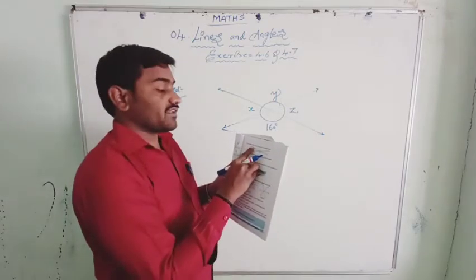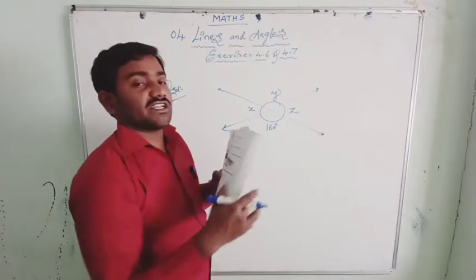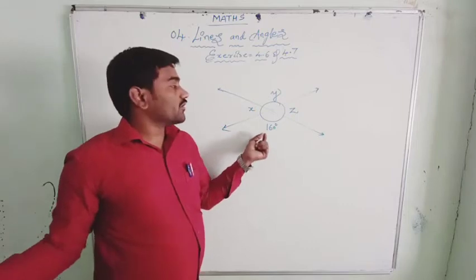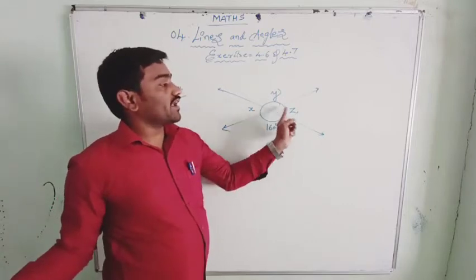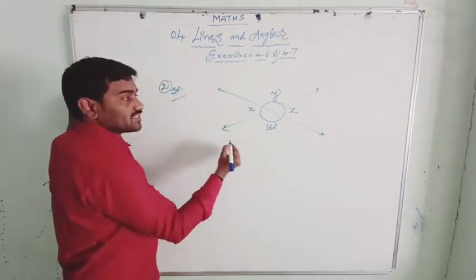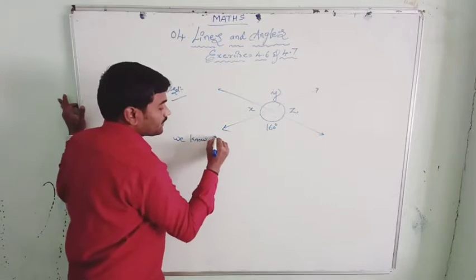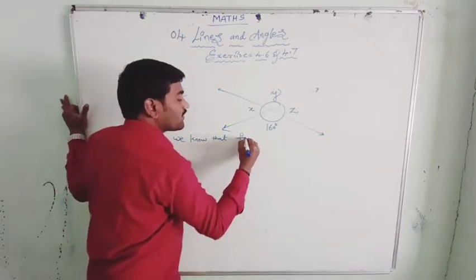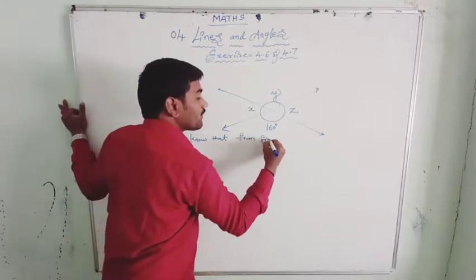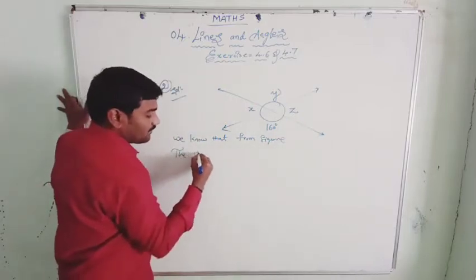Find the measures of X, Y and Z without actually measuring them. So without using a protractor, find out what is the value of X, Y, Z. So we know that vertically opposite angles are equal. First thing, we know from the figure that the vertically opposite angles are equal.